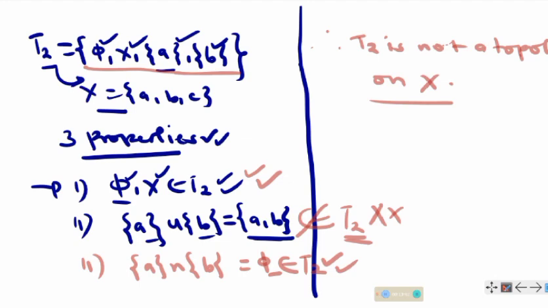So the 3 conditions or properties must be taken into consideration for you to come up with what we call the topology on a given set, which is X. All of them must be satisfied. If they are not satisfied, then you will be able to conclude that it is not a topology on that given non-empty set.